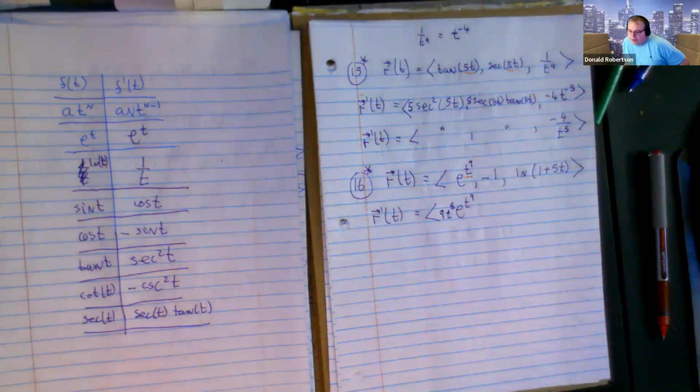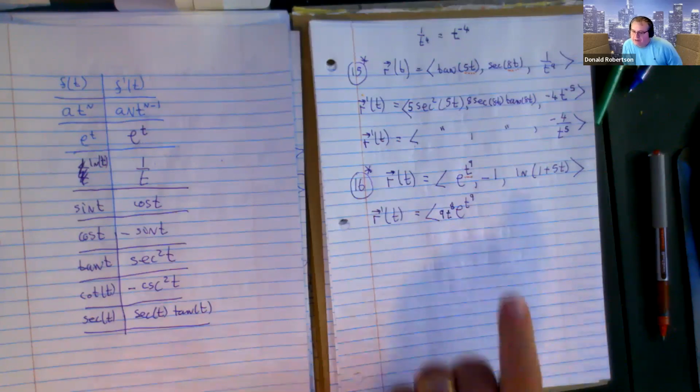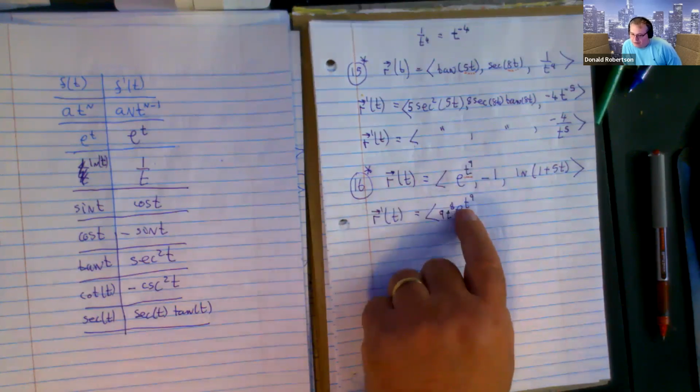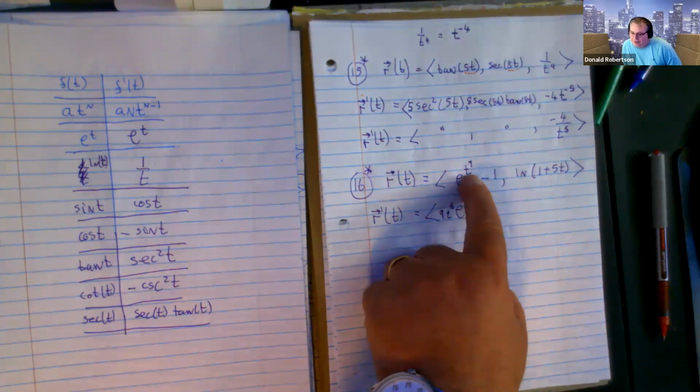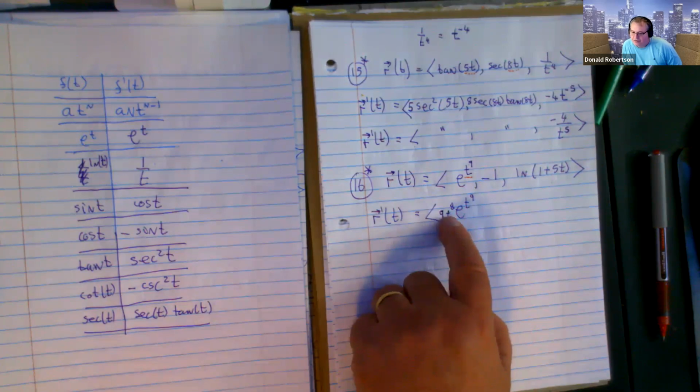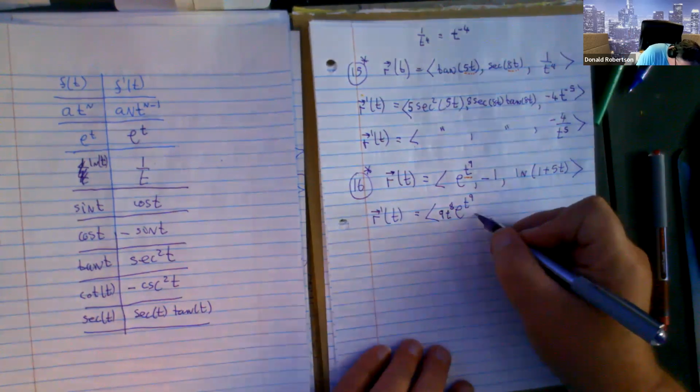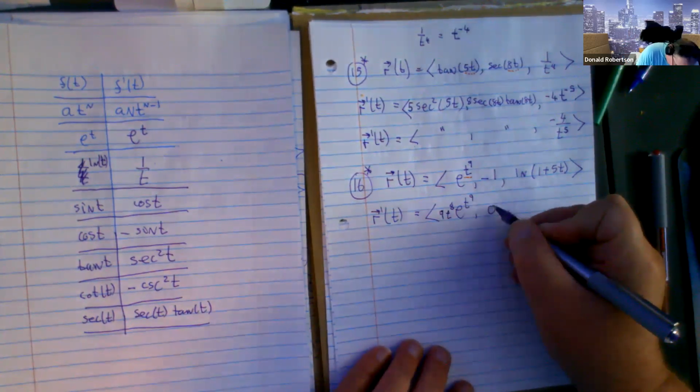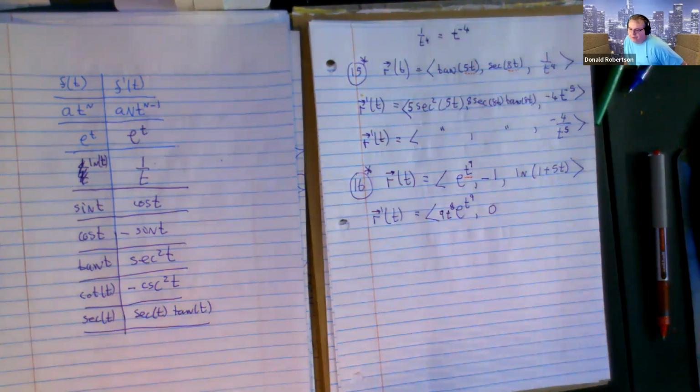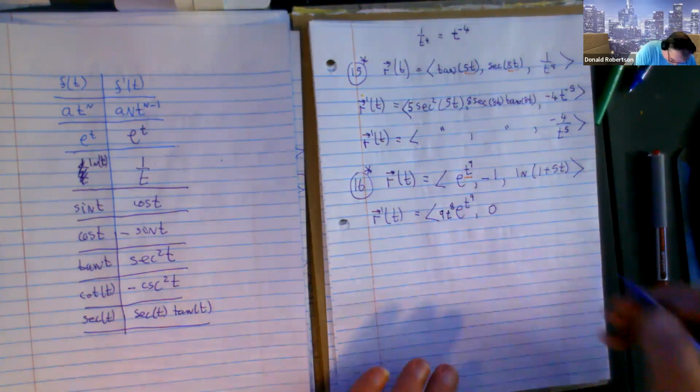Are we comfortable about where that 9 times t to the 8 extra bit came from? It's e to that guy, done, times the derivative of that guy, which is this piece here. Now, the number minus 1, like every number, if you differentiate, gets you 0.